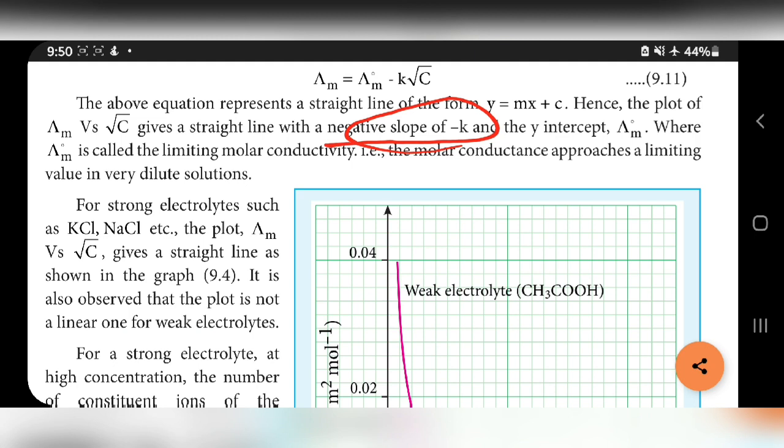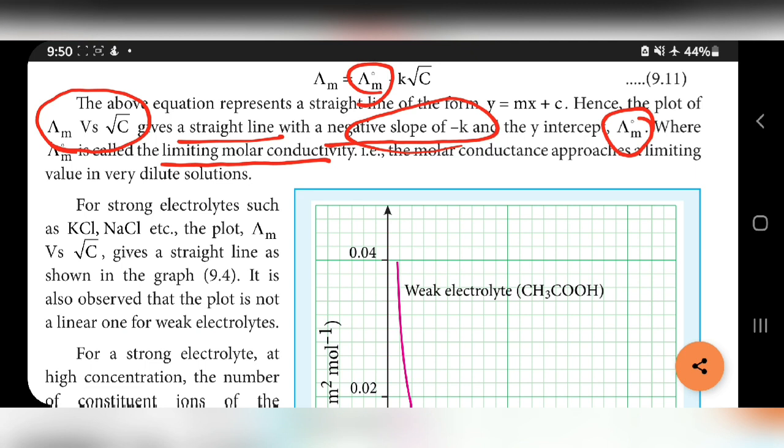If you plot Λm versus root C, it gives a straight line with negative slope minus K and intercept constant Λ°m, where Λ°m is called the limiting molar conductivity. Limiting molar conductivity means molar conductance approaching a limiting value in very dilute solution.